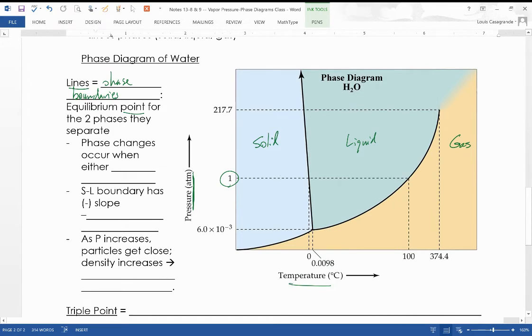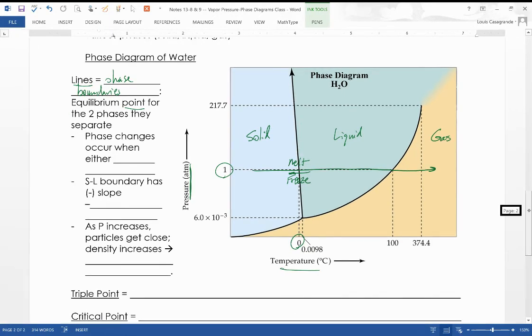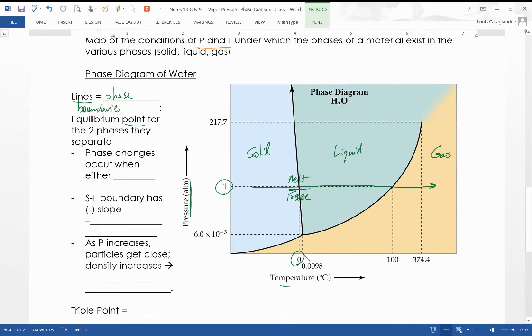And this is one way you can remember which region is solid, which region is liquid, which region is gas. As we heat up, as we go higher in temperature, we're going to go from solid to liquid. So we're going to melt. Or if we go the other way, we're going to freeze. And 0 degrees is the normal freezing point or melting point. Freezing point and melting point are two sides of the same coin.